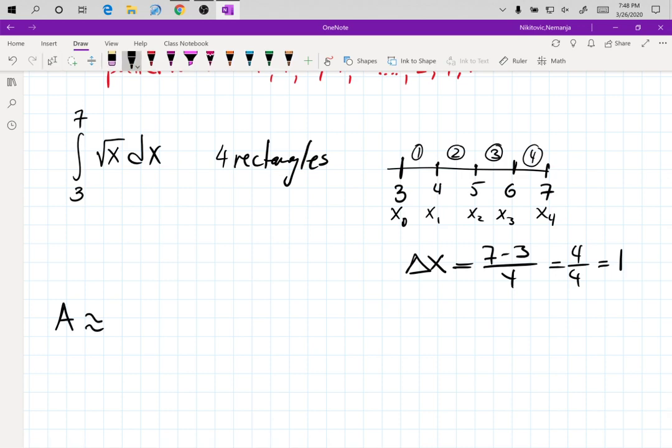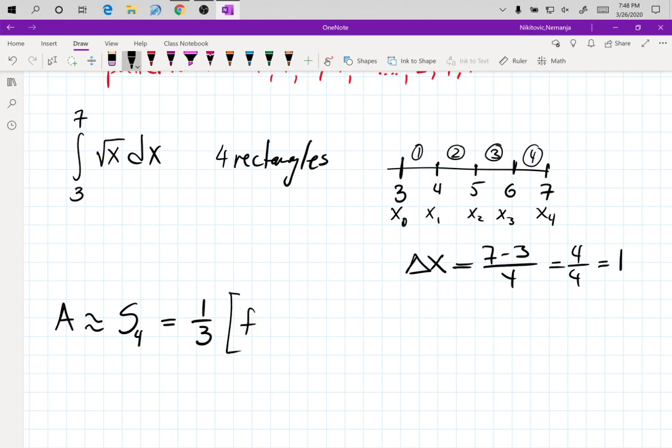So area is approximated by Simpson's rule with the 4 rectangles. And that's going to be what? Delta x divided by 3, that's 1/3. And in here, what do I have?